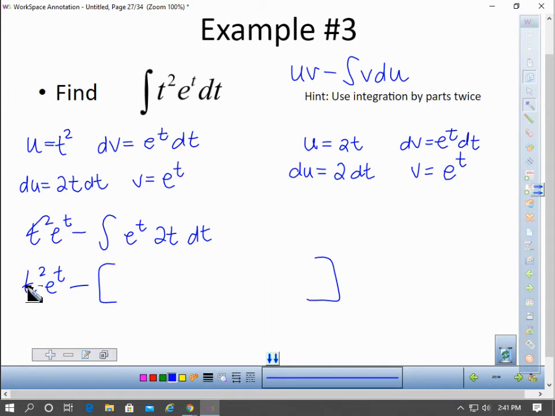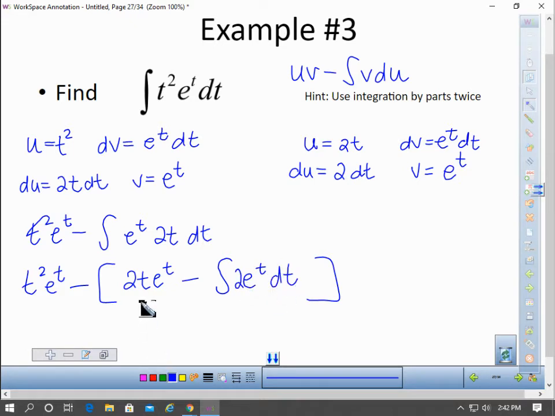This term is already good to go, t squared e to the t, and then it's minus this integral. So I'm redoing this integral with another ultraviolet voodoo. So that has to go in these brackets because I didn't want to lose the negative sign that needs to be distributed. So ultraviolet, so 2t times e to the t, so 2t e to the t minus the integral of the voodoo. So that would be e to the t and then a 2 dt.